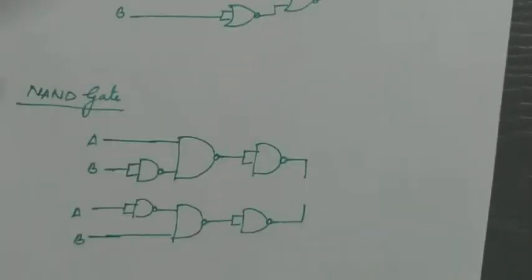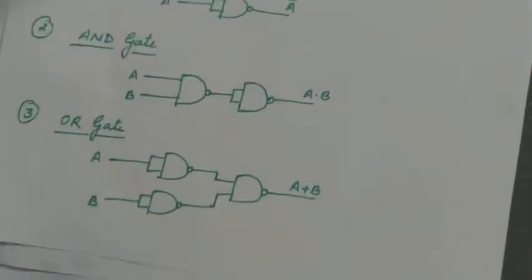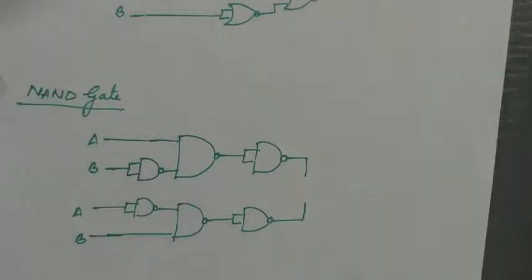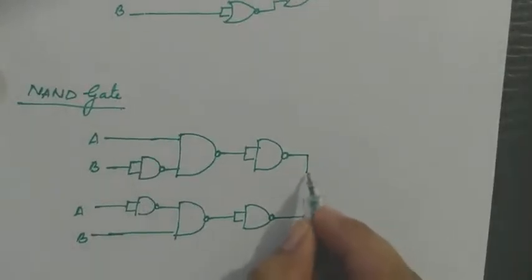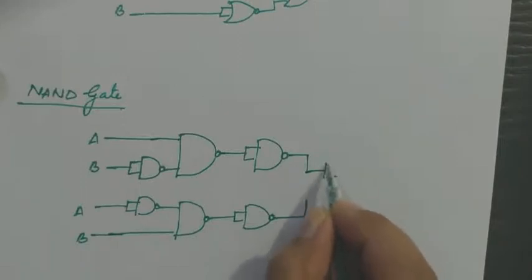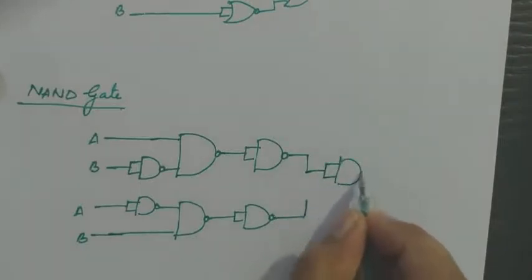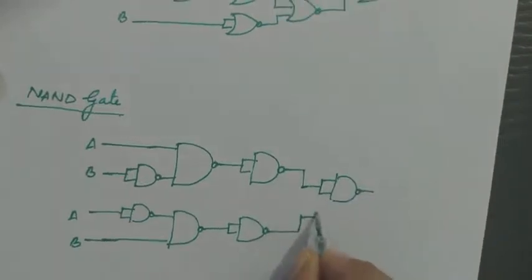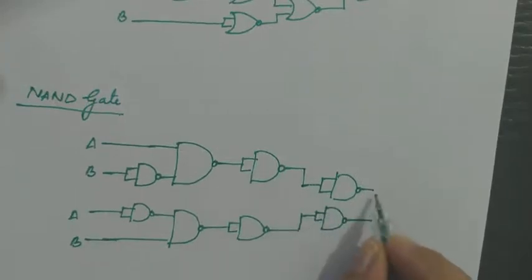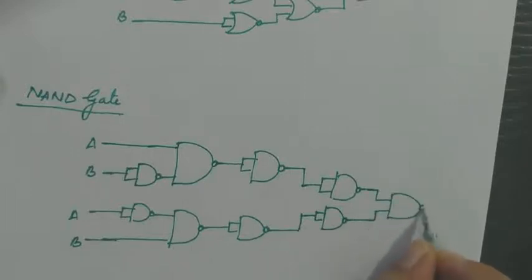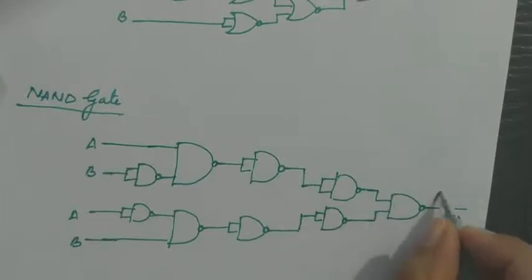So OR gate representation using NAND gate is like this. So we will add this OR gate here. Now this is the required output, A XOR B.